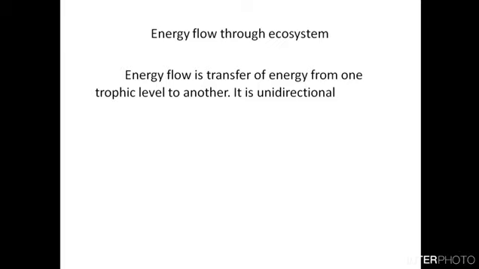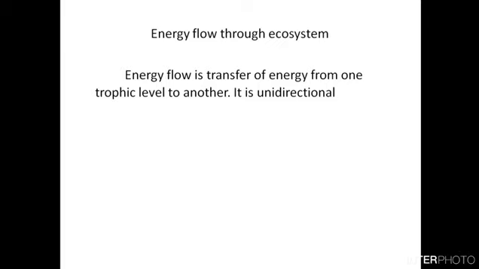This energy flow is unidirectional, meaning it flows in only one direction. That means it will flow from the plants to the primary consumers, secondary consumers, and tertiary consumers. So the energy flows in an ecosystem from the producer level to the consumer level.